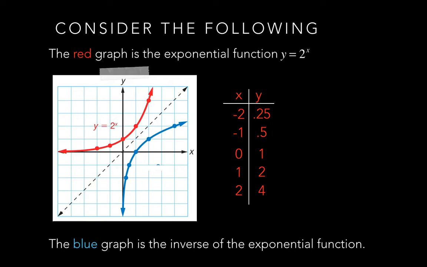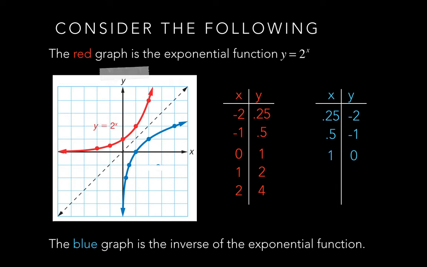Now, similarly, I want to show you the points for that blue graph, for the inverse. Remember, for an inverse graph, the domain and range are just going to flip. So at 0.25, the output is -2. At 0.5, the output is -1.